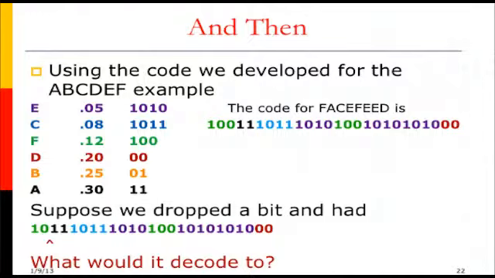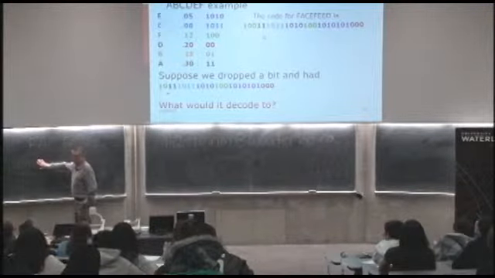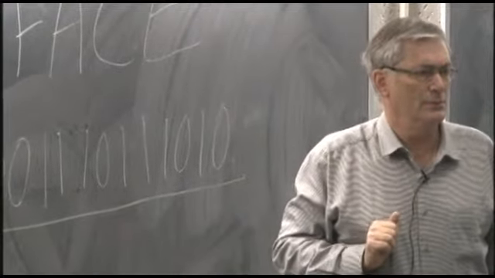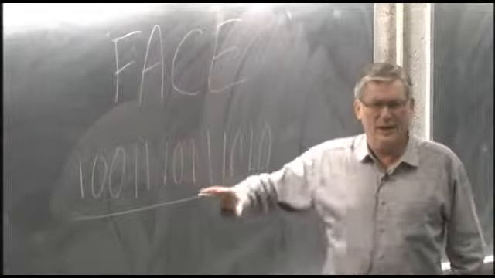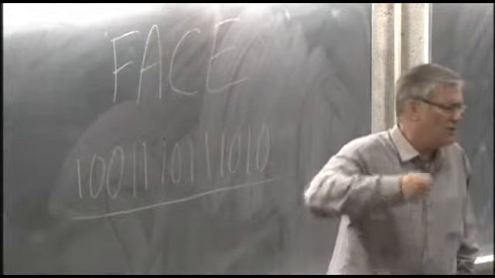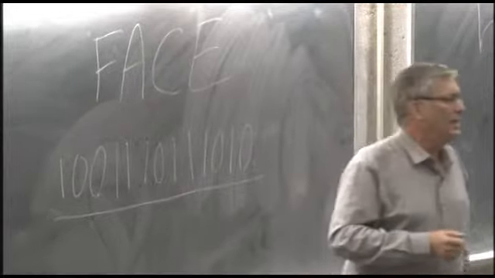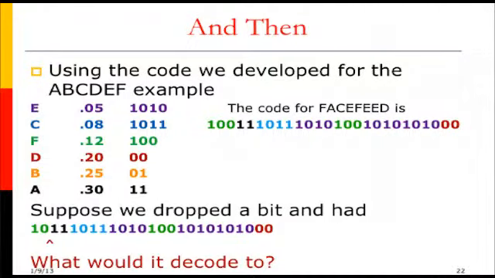You flip a bit in a Huffman code, or lose a bit, and your alignment between characters is going to get all screwed up. Right? They're not fixed length. They vary. And so you remove a 1 bit or you stick an extra 1 in, you flip a bit, the whole alignment can get messed up. But I just want you to walk through the same example of face feed and pretend and use those things and see what it decodes to.